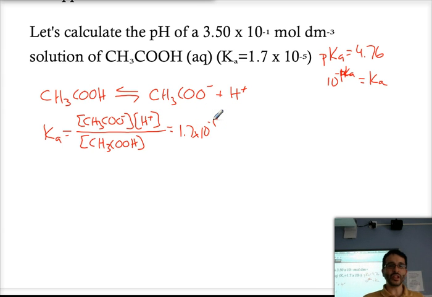Now, we really want to analyze the values of initial, change, and equilibrium, so I'm going to move that equation for Ka a little bit lower just so we have some space.